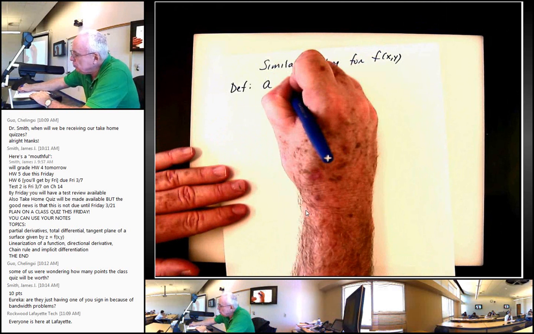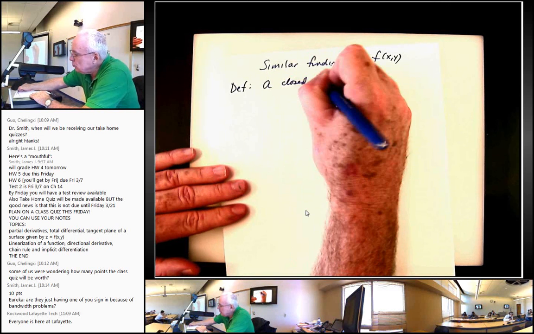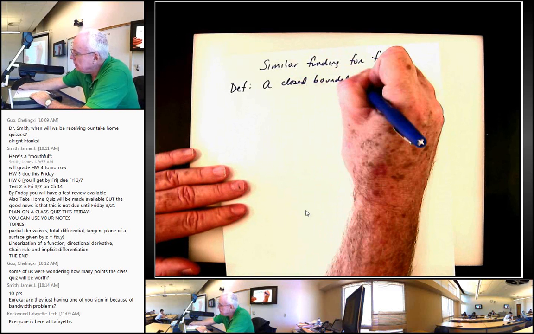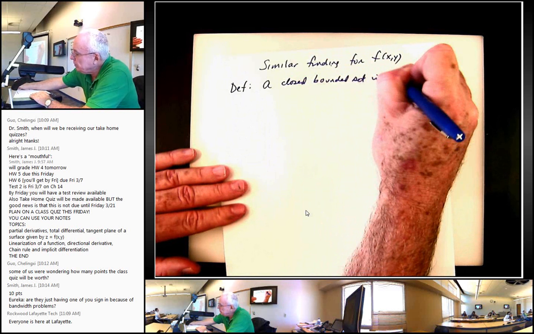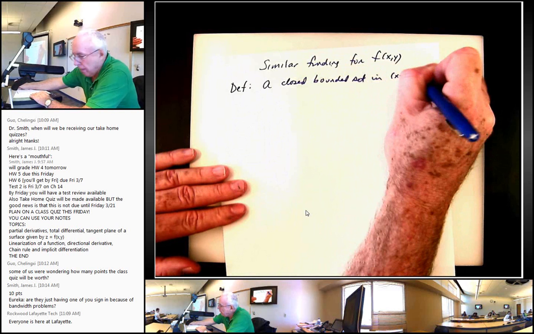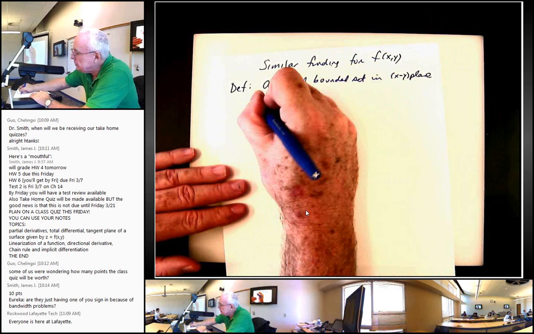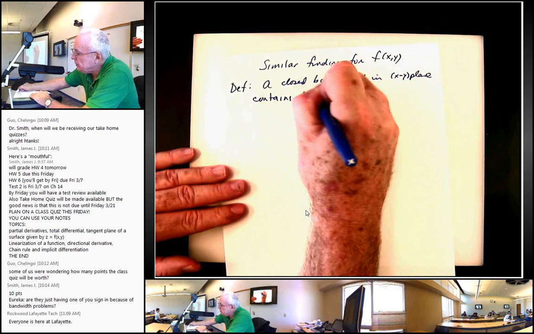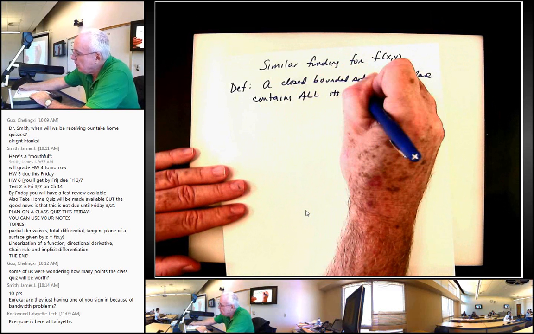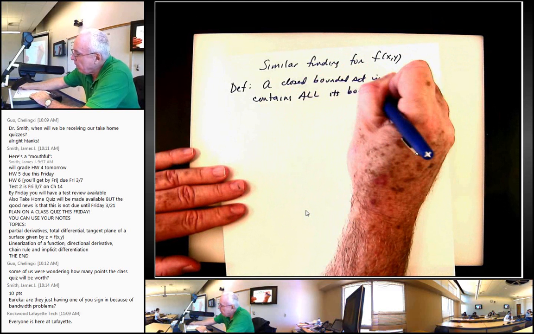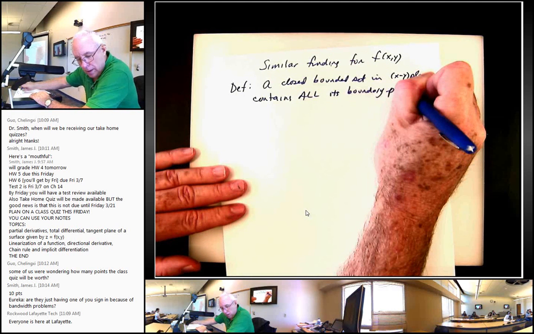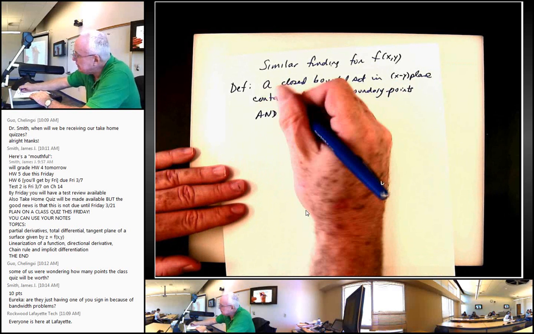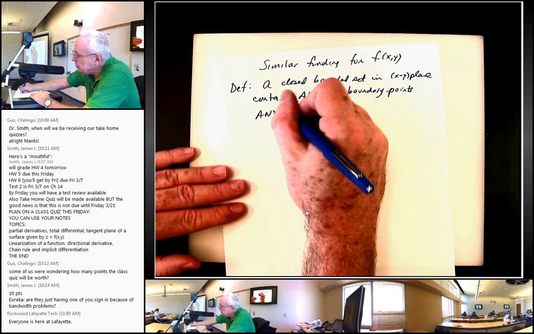A closed, bounded set in the xy plane contains all its boundary points and does not extend to infinity in any direction.